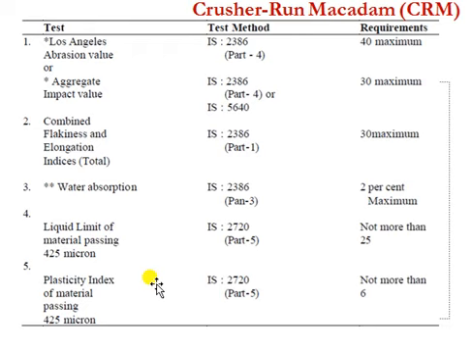And the plasticity index of the material passing through 425 micron should not be more than 6%. The maximum plasticity index of the material passing through a sieve of 425 micron should be 6 or within 6, and this is specified in IS 2720 part 5.